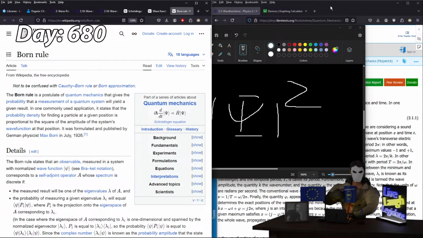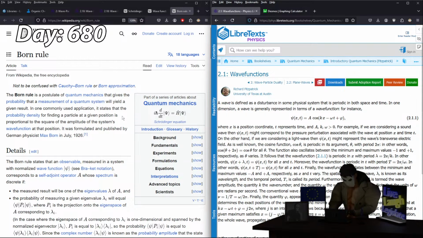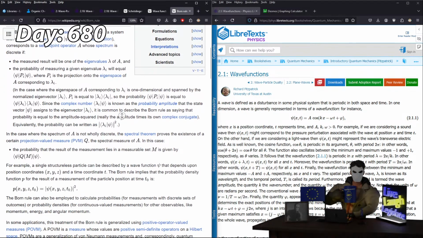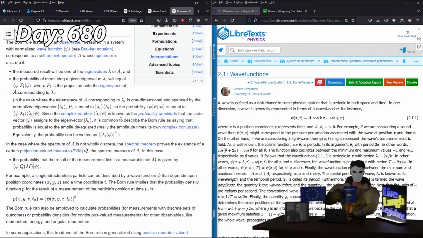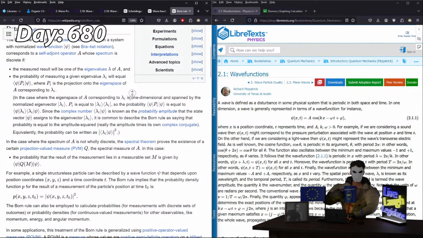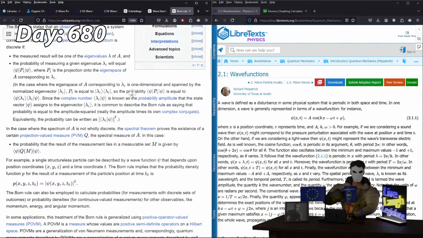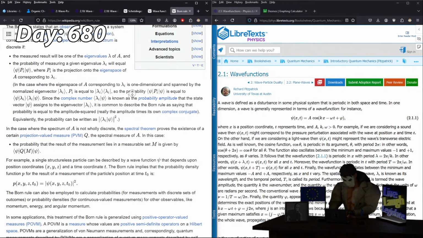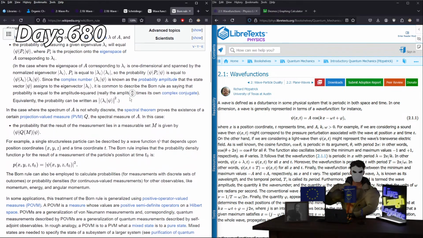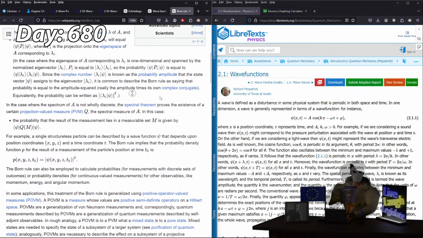I could just go into the Born rule, I guess. Details. There's that observable measures, because they're trying to create discrete measures. The probability of measuring a given eigenvalue will equal this, where the projection onto the eigenspace of A corresponding to the eigenvalue, squared. The complex number is known as a probability amplitude.